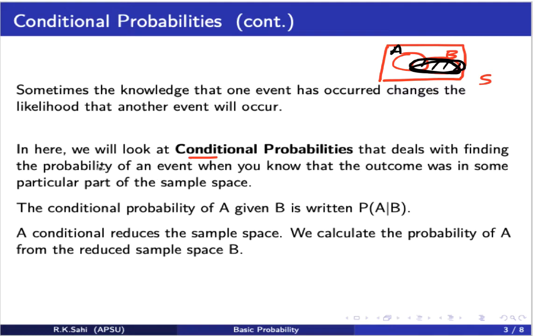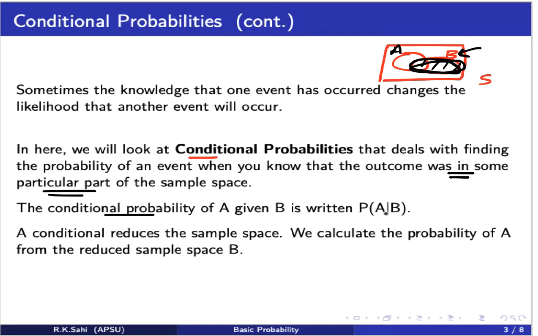So what this sentence says is that in conditional probability, we find the probability of an event when you know that the outcome was in some particular part of the sample space. That is B, the event that has occurred. Now, how do we write the notation of a conditional probability?